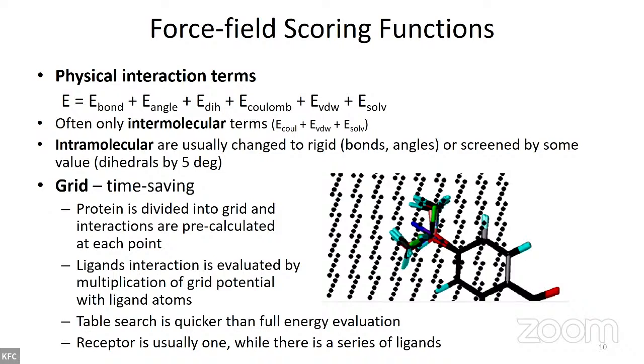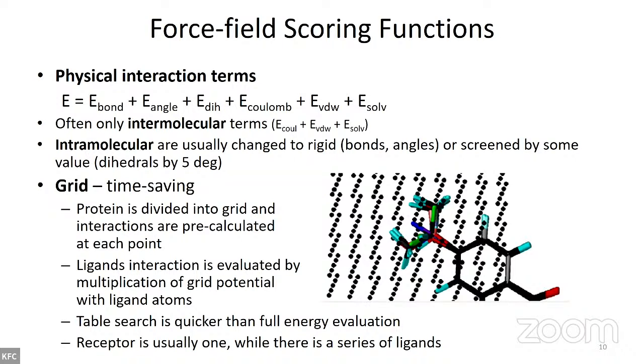The only things that are changing are the ligands. So it's easier to first compute a grid in the protein. On the grid, we count what the interaction energy is at that specific point for the specific atom type.